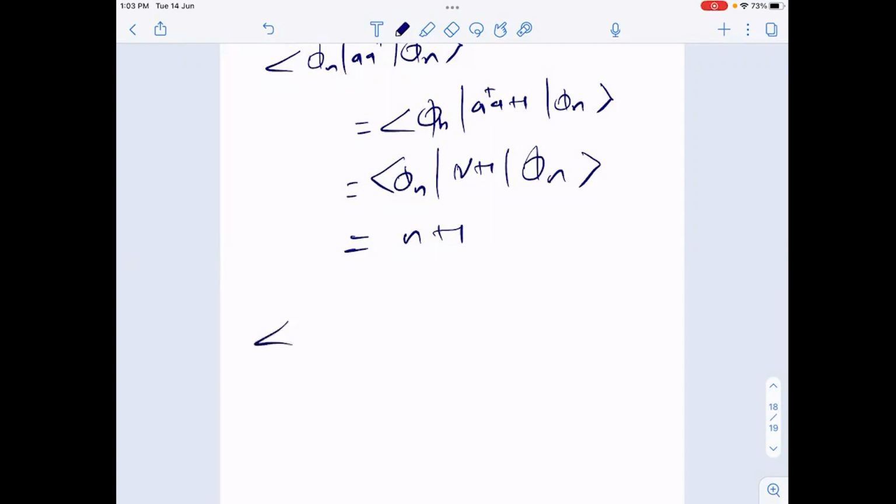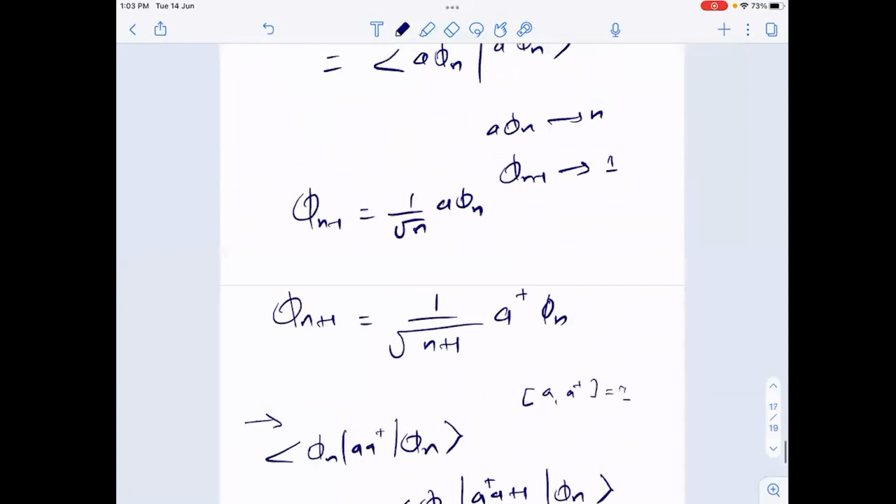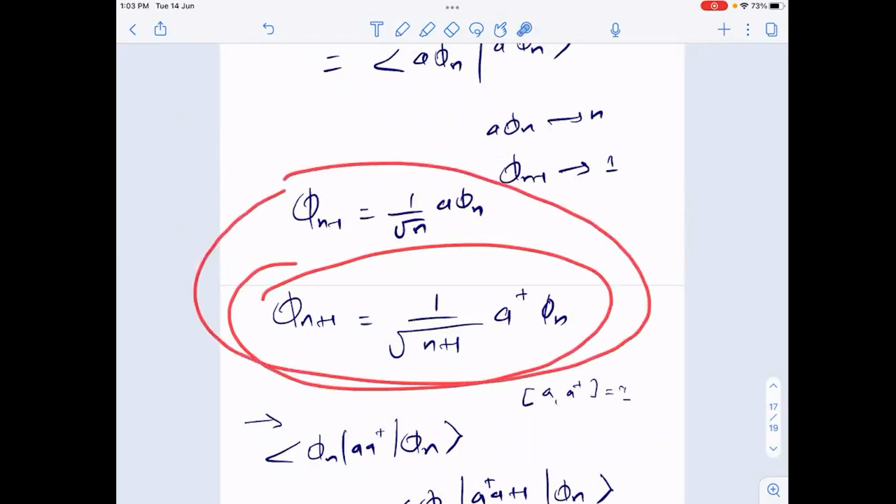Just like the previous one, the a dagger of phi n and a dagger phi n. Above we saw a phi n. This leads to n plus 1. So the normalized eigenvector phi n plus 1 can be given by this equation. That's what I justified now, so both aspects are covered.